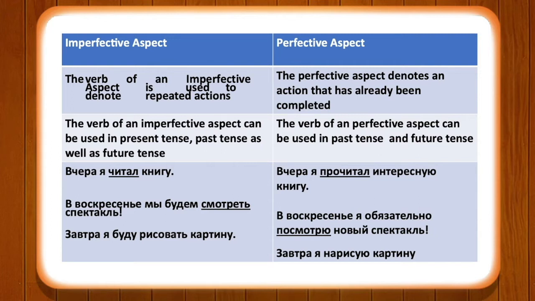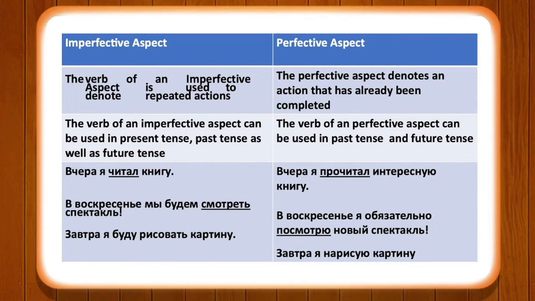So, вчера я читал книгу means that I read a book. Just as a fact, naming of a fact, one can use the form of the imperfective verb. But if we are using the perfective verb, вчера я прочитал интересную книгу or вчера я прочитал книгу, it indicates that I had read a book and I had finished reading a book.